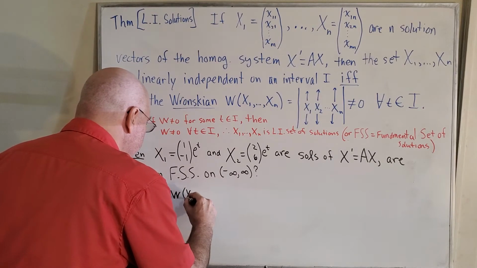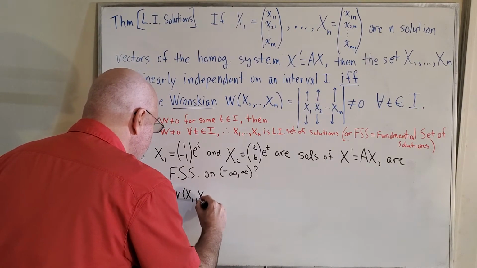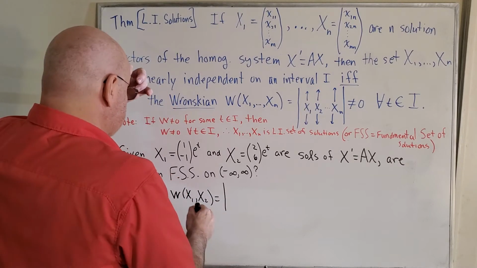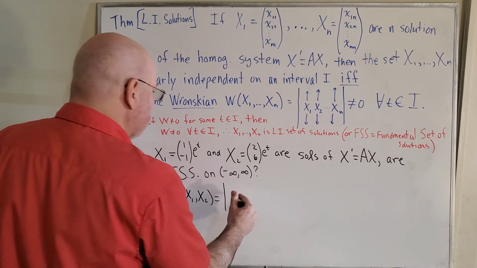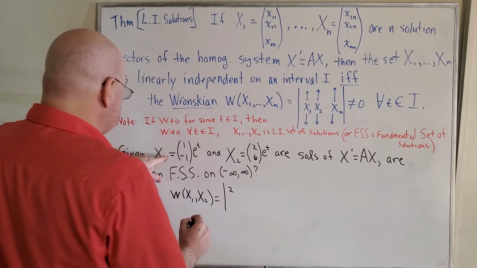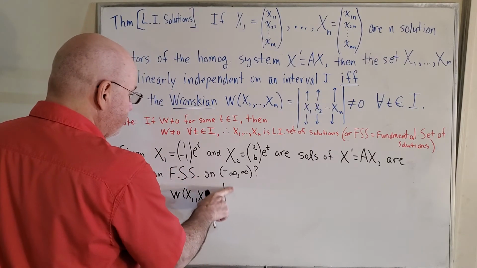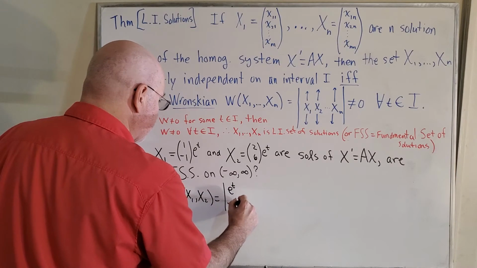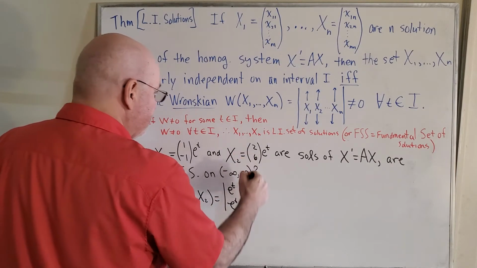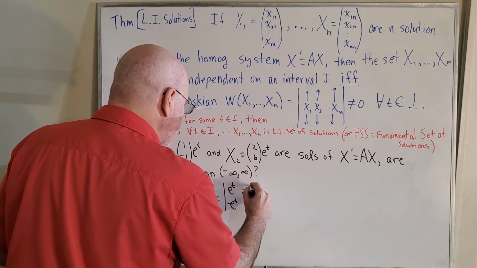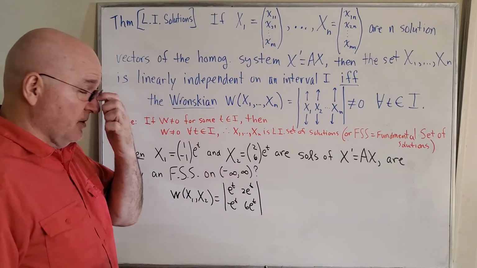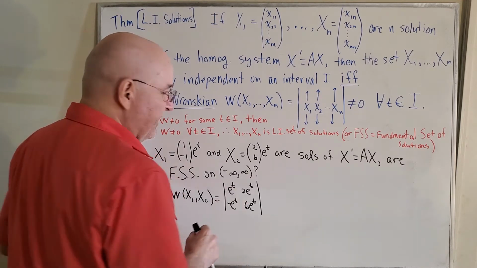The Wronskian is the determinant, and I'll put x1 in this column, so x1 will just be e to the t, and then negative e to the t down that column, and then 2e to the t, 6e to the t. All we do is take the determinant, which for a 2 by 2 is very simple.